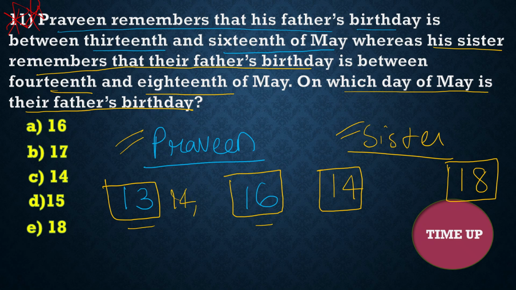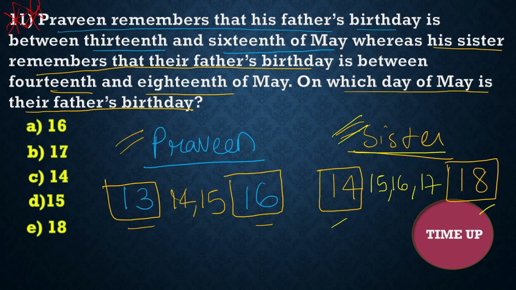14, 15. Correct? Then in the second case, that of his sister, she says that the birthday lies between 14 and 18. So between 14 and 18, how many numbers will lie? That will be 15, 16 and 17.